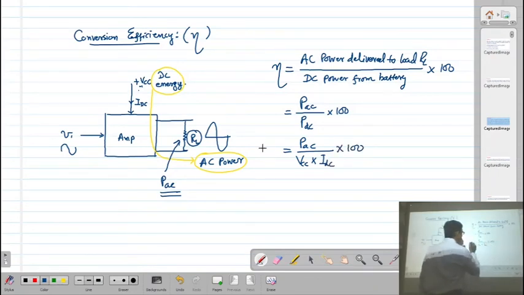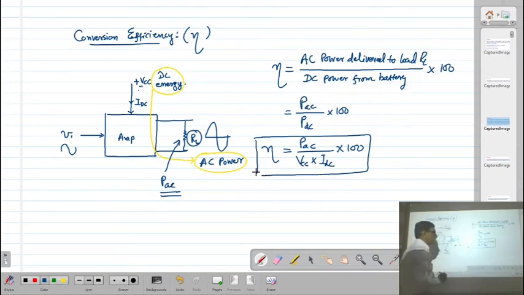Then we can calculate the efficiency with the help of this formula: PAC divided by VCC into IDC, into 100.